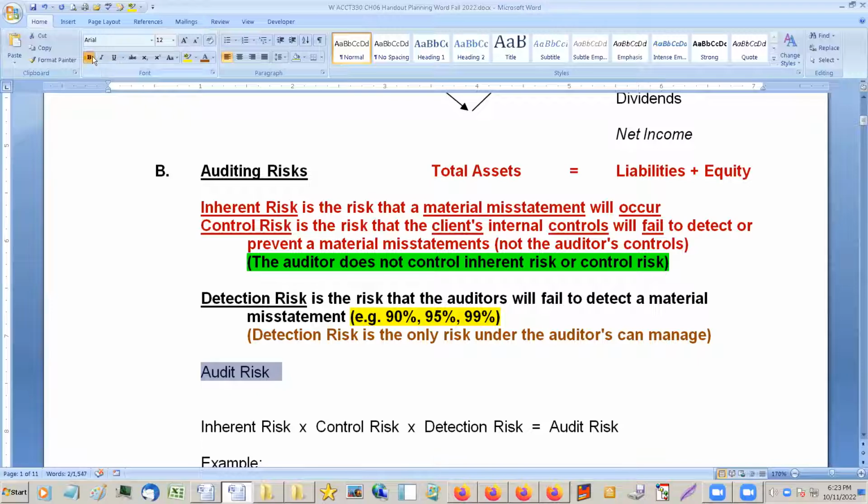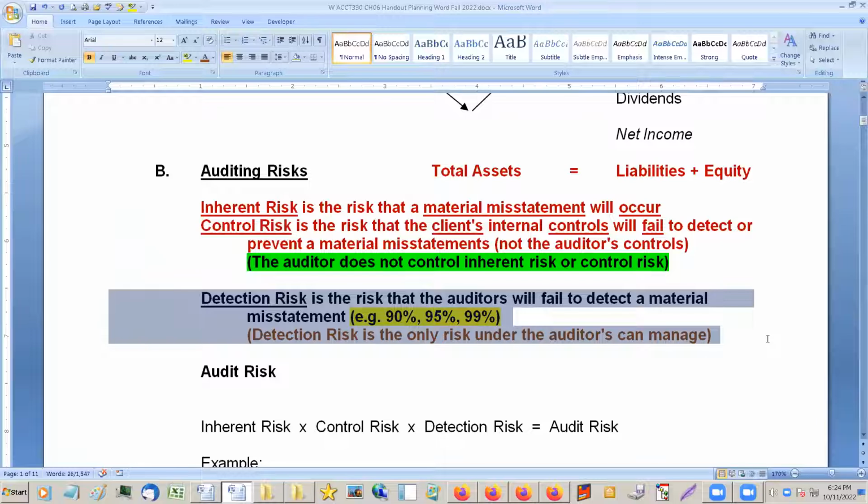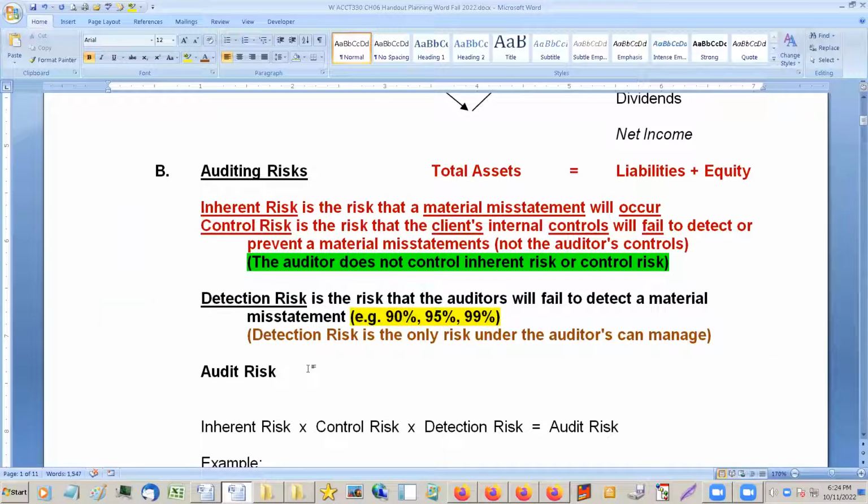Okay, down here, audit risk. This is if everything fails. A material misstatement occurs, controls fail to catch it, the auditors fail to catch it. It ends up on the financial statements, and that is the audit risk.